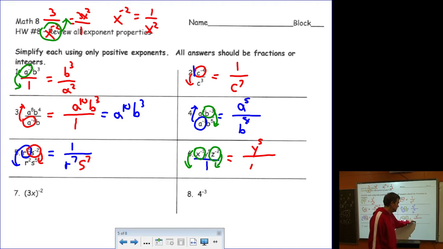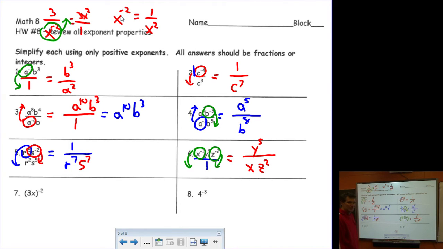The x moved to the bottom, which turned the exponent positive. And when the exponent is positive 1, I don't need to write it. The z's moved to the bottom, and they have an exponent now of positive 2. The negative 2 changed to a positive when you took the reciprocal.